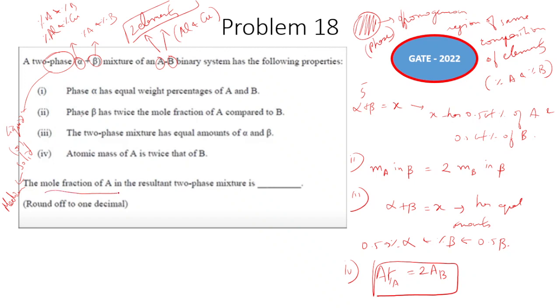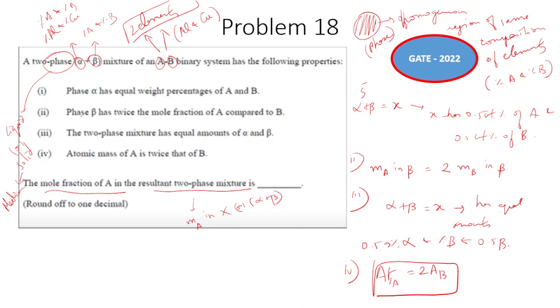We have to find the mole fraction of A in the resultant two phase mixture, that is the mole fraction of A in x, which we called alpha plus beta.